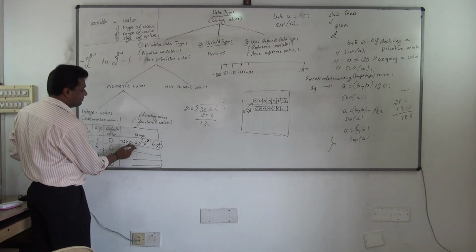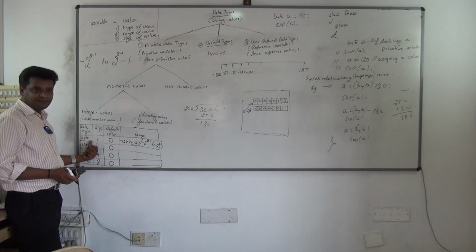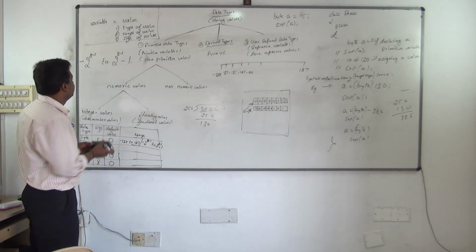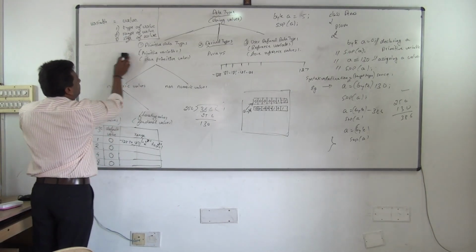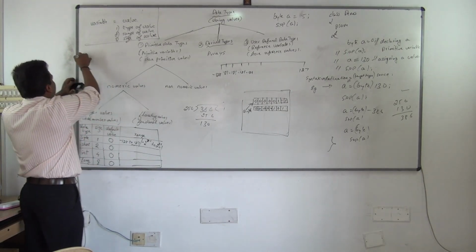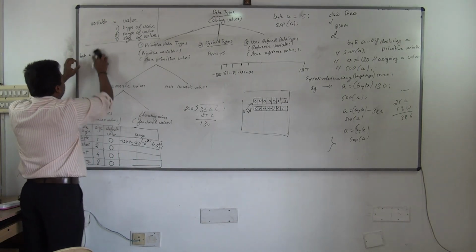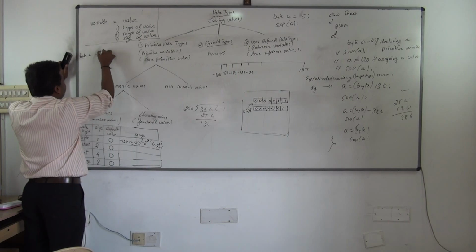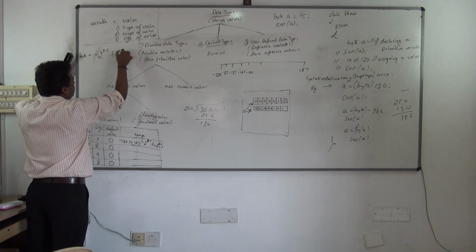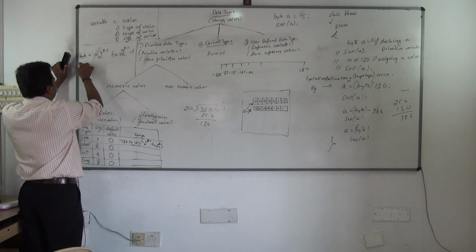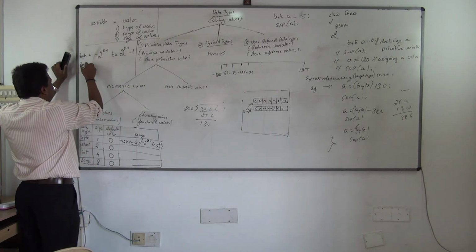This is very difficult, because for byte you will remember, but for short, int, long and all it becomes difficult. There will be very big numbers. So for byte it will be minus 2 to the power of 8 minus 1 to 2 to the power of 8 minus 1, minus 1. This is for byte. Now for short, can you guess what it will be?